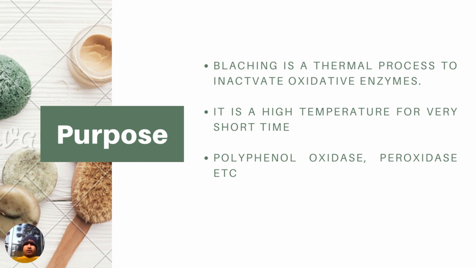You can categorize blanching as a high temperature short time or HTST kind of process, where you employ a higher temperature for a very short period of time, and the main purpose is to inactivate oxidizing enzymes like polyphenol oxidase (PPO) and peroxidase (POD), and similarly many other groups of enzymes.